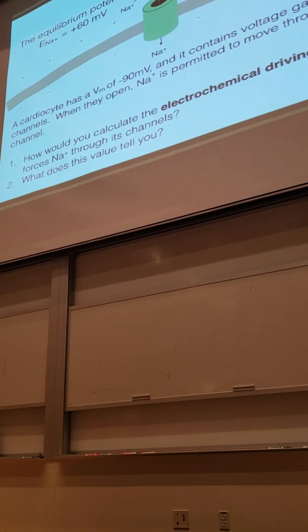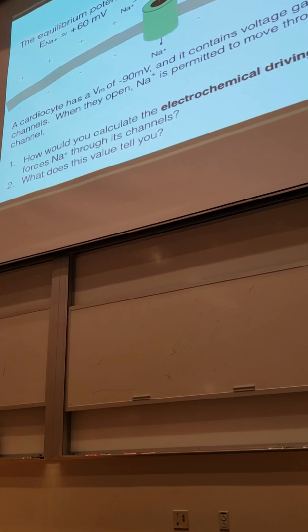This is hard, isn't it? What is the difference? 150. 150 millivolts. What that tells you is the strength at which sodium will pour into the cell. So sodium will move into the cell with a lot of force.